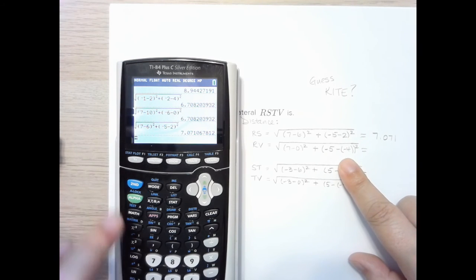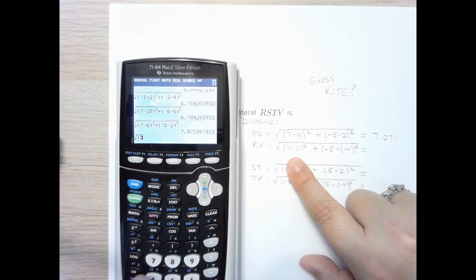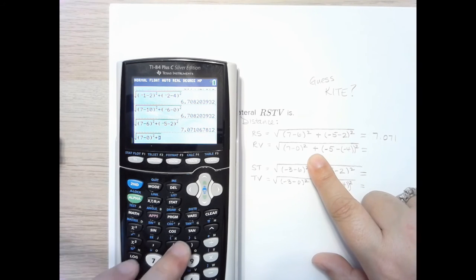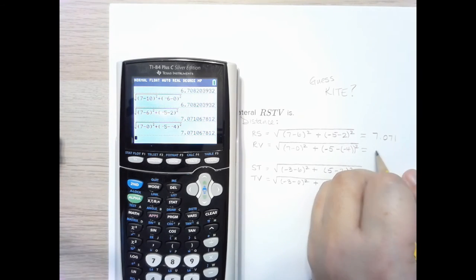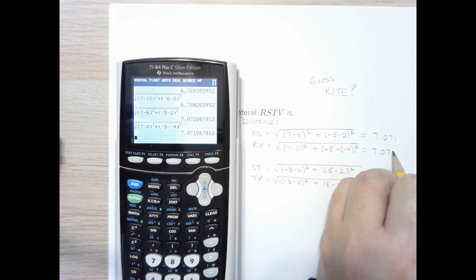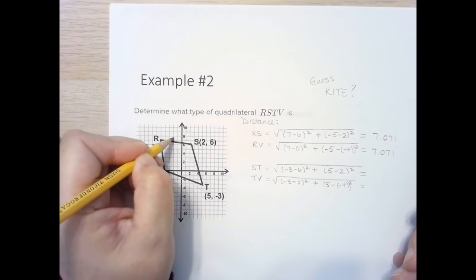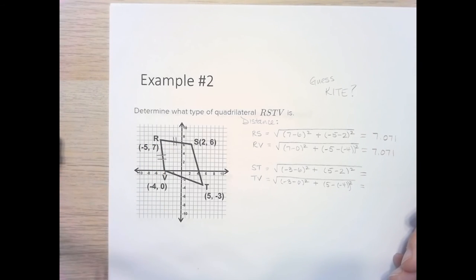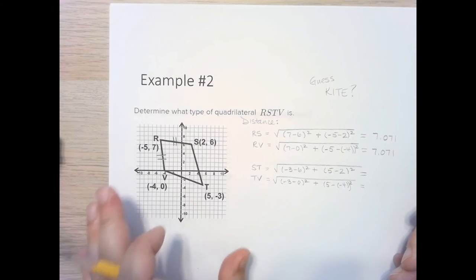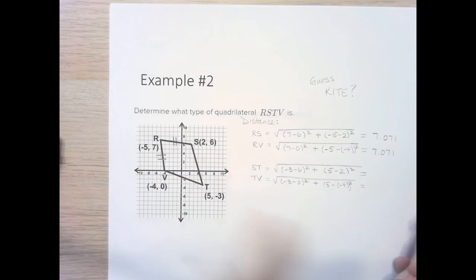Now the second square root, 7 minus 0 squared, plus negative 5 minus negative 4 squared. That's also 7.071. So I know now that this length and this length are the same. That's a very good indication that I might be headed towards a kite.